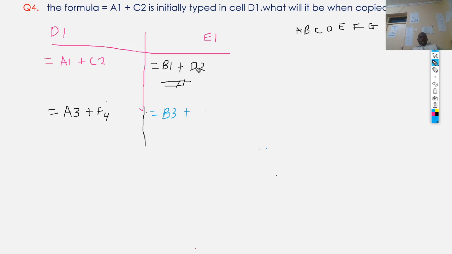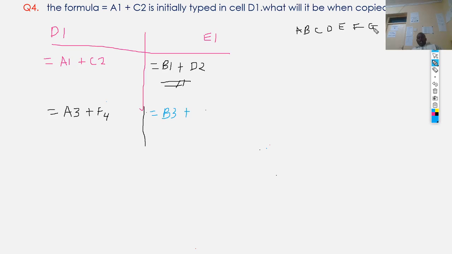Now you look at the next step, from D to F. Now I'm dealing with forward. How many steps? 1, 2. So at E I also move 2 steps ahead, 1, 2.